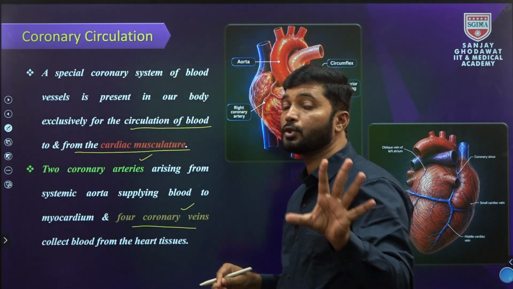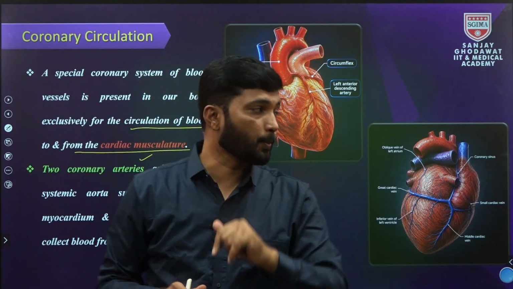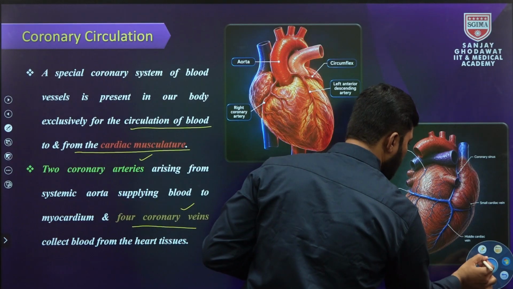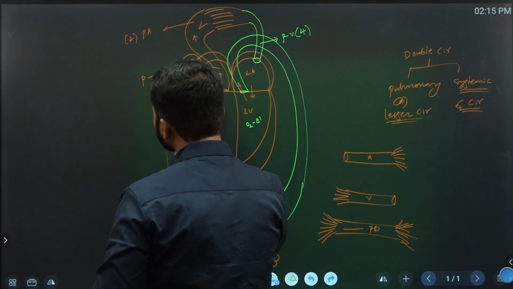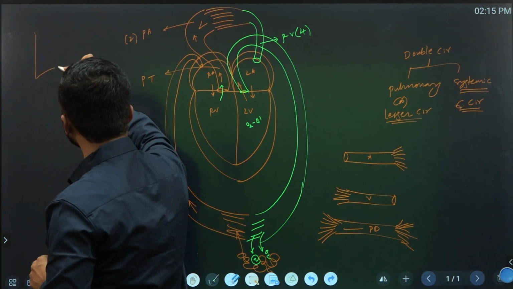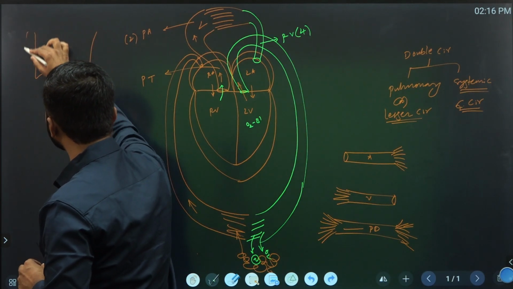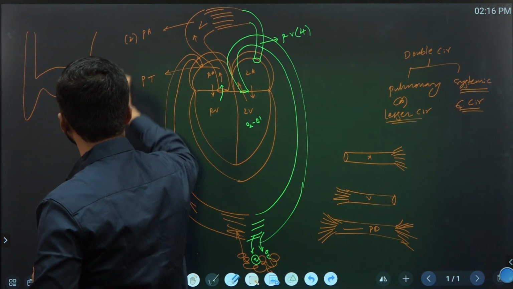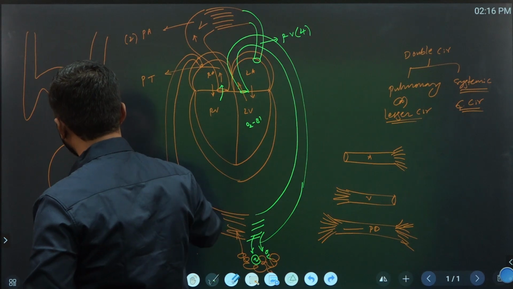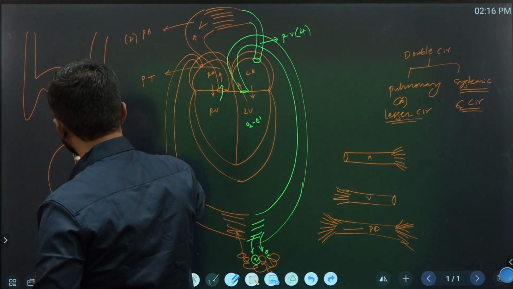And there is one more circulation in our body, the hypophyseal circulation. If you take the hypophyseal circulation, this is the hypothalamus and the pituitary gland, right.